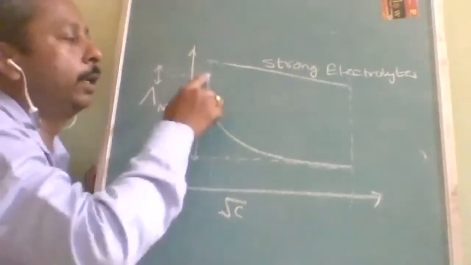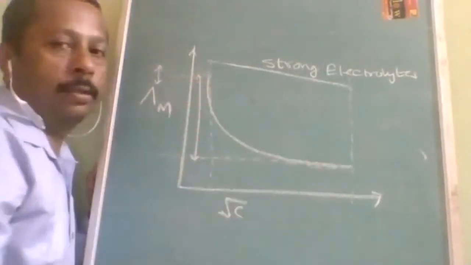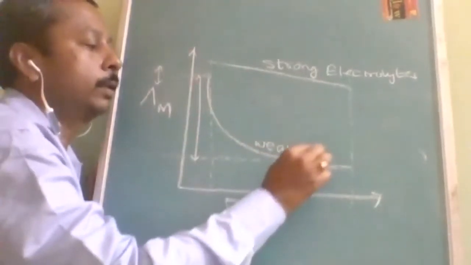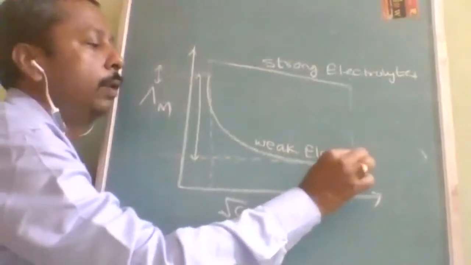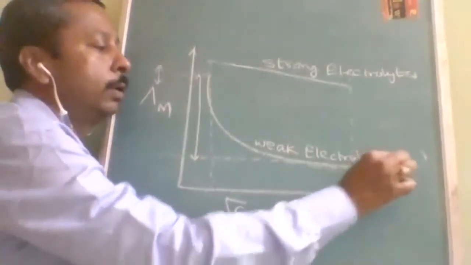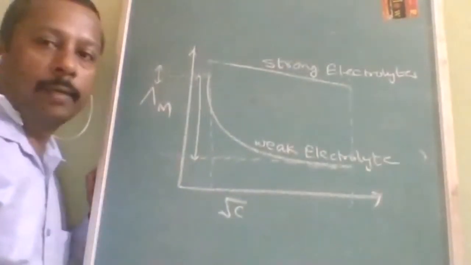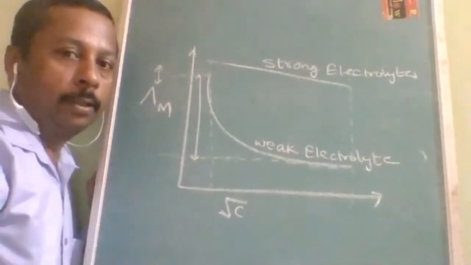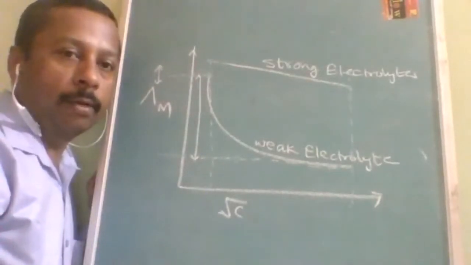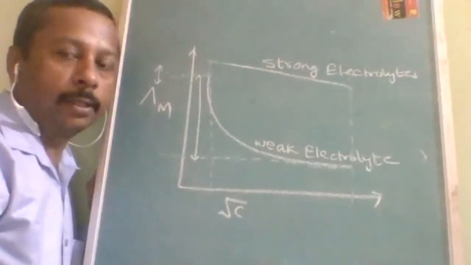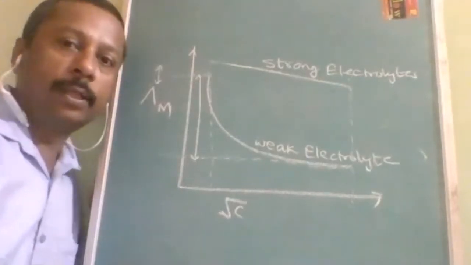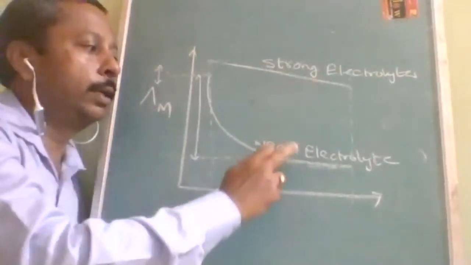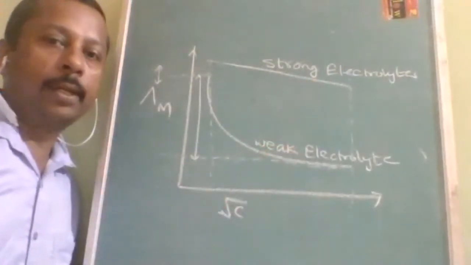If they show large variation, it is a weak electrolyte. What are strong and weak electrolytes? I already told you in my first lecture of electrochemistry. An electrolyte whose degree of dissociation is large enough is called a strong electrolyte. Otherwise, it is called a weak electrolyte.